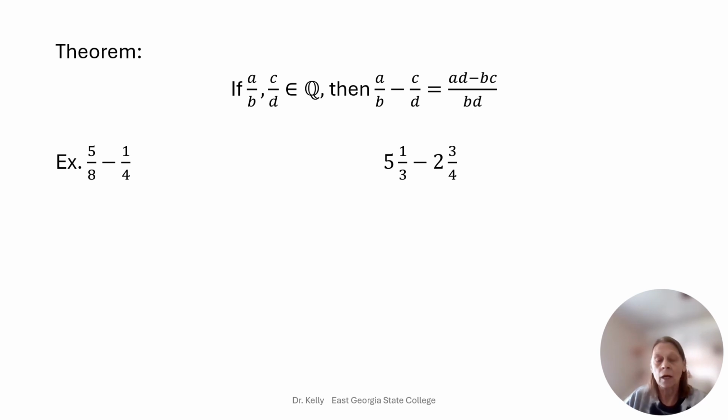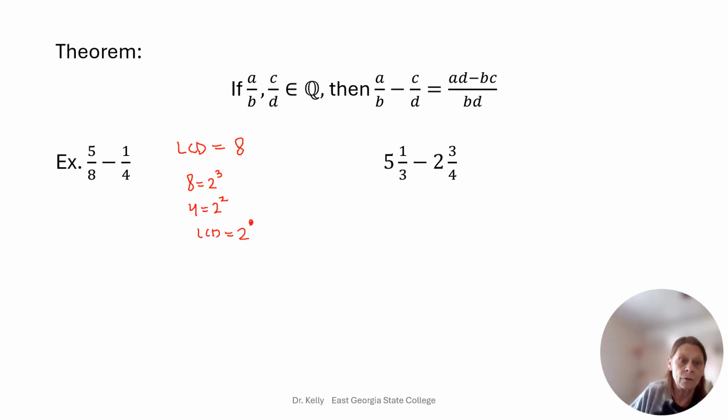We've got a couple of ways to do this, but let's practice that LCD situation. The LCD here is 8, because 8 is equal to 2 cubed, and 4 is equal to 2 squared, and we get the LCD by taking the highest power of the prime factors, which means it's 2 cubed.